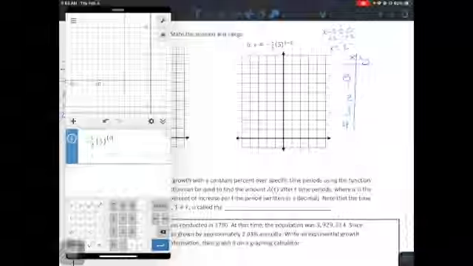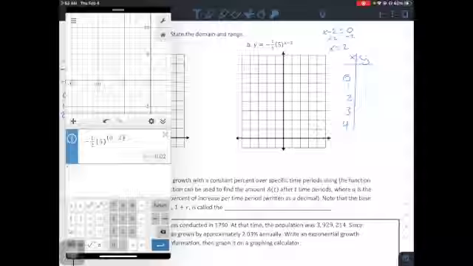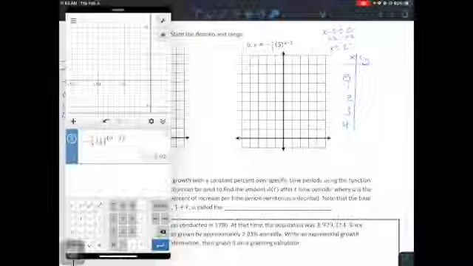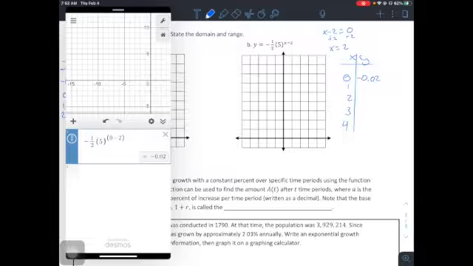I did forget about that. Desmos is tricky sometimes with that. Okay, so I type that in my calculator and I get negative 0.02, or as a fraction, -1/50.